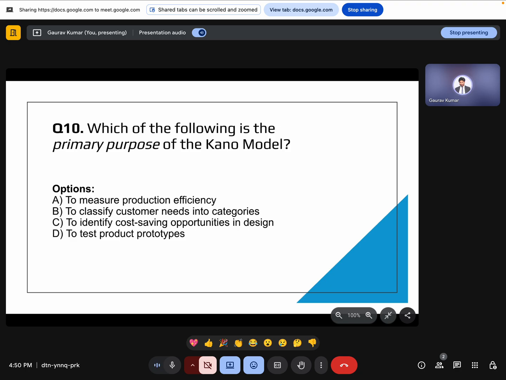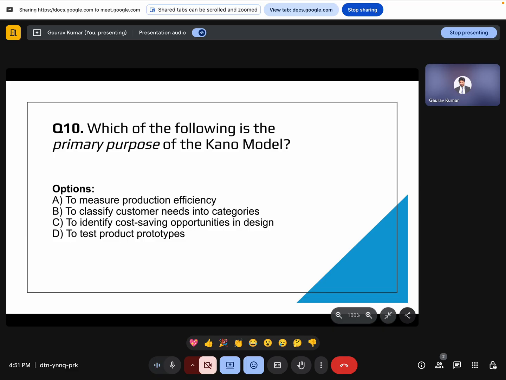So the correct answer is to classify customer needs into categories. The other options are incorrect because efficiency, cost saving, or prototype testing are important activities, but they are not the purpose of the Kano model.